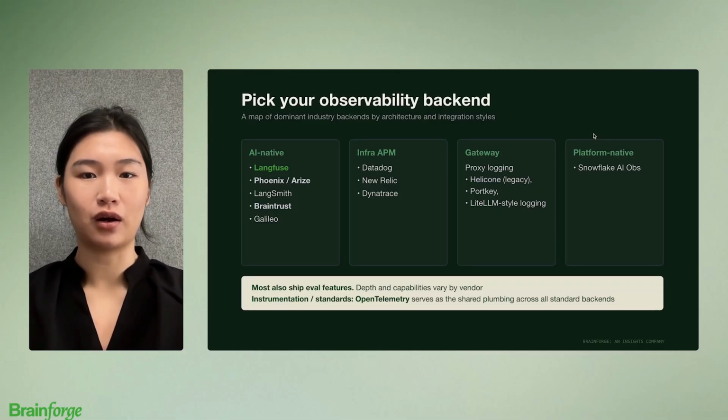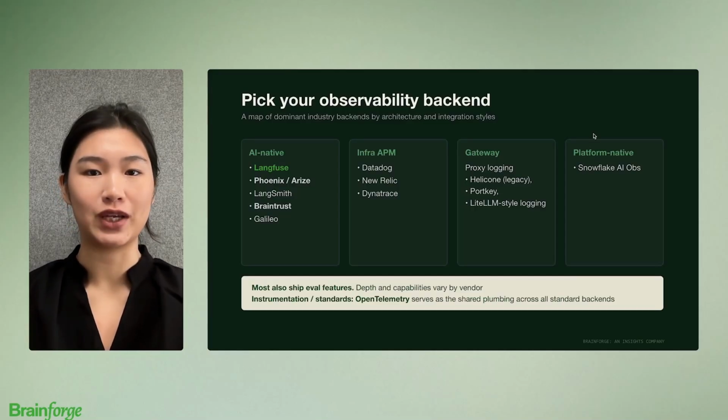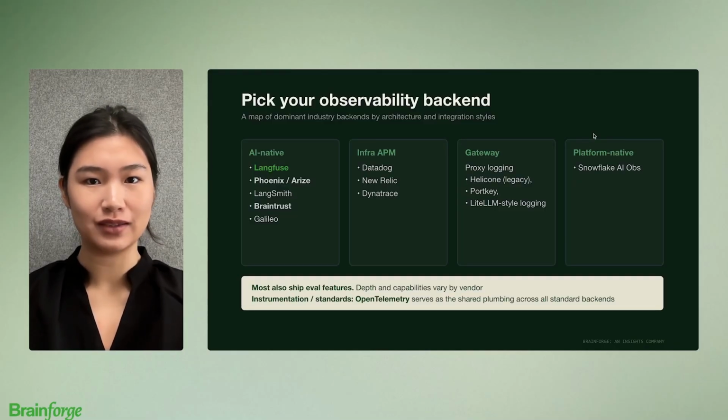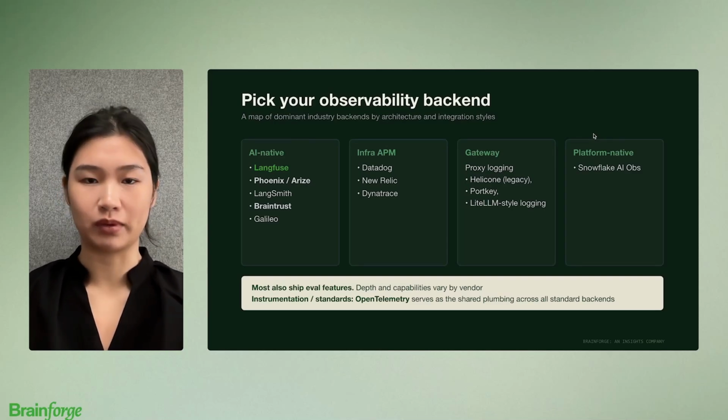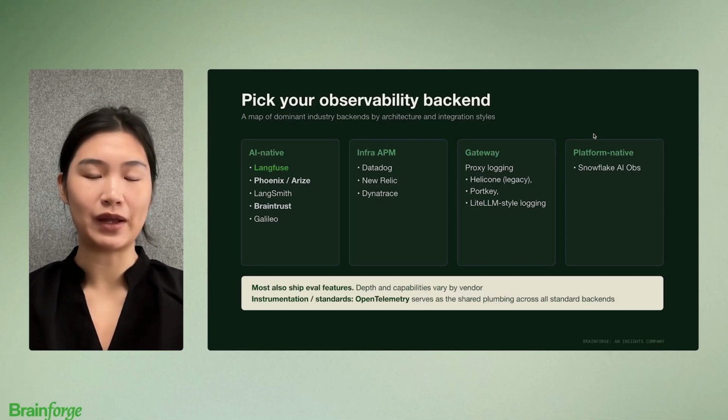And lastly, there are platform native tools, depending on what product you use, that also offer observability and evaluations. Of course, most of them use OpenTelemetry as their language, so you can switch between these tools very easily. And most of the observability tools also offer evaluations, which we will cover in another video.